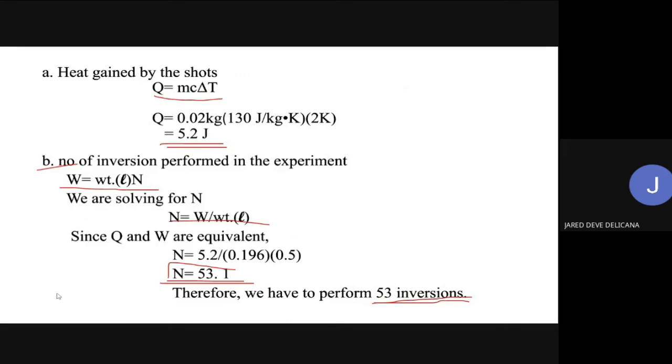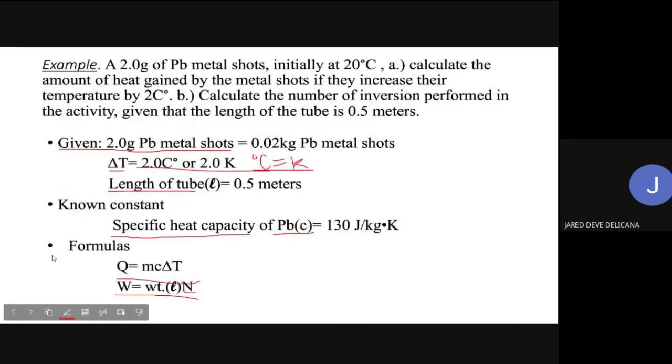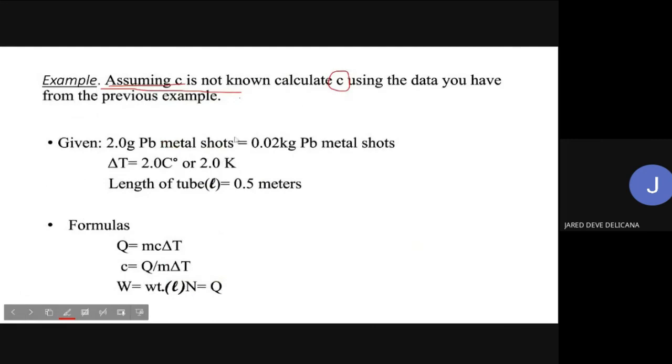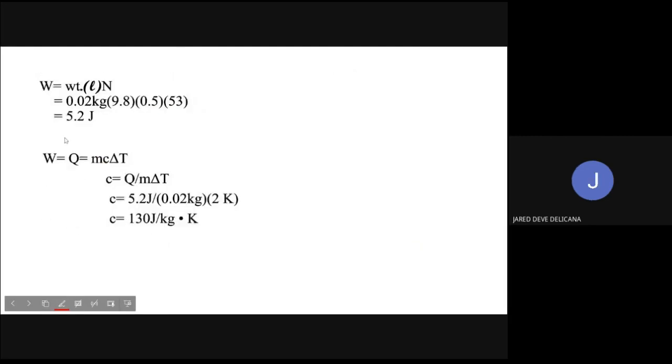So as you have noticed, this is actually the thing that we need to solve, but I just use it as a reference for this example in order to calculate the number of inversions that I need here. And so I will be able to calculate the C that we are looking for now.